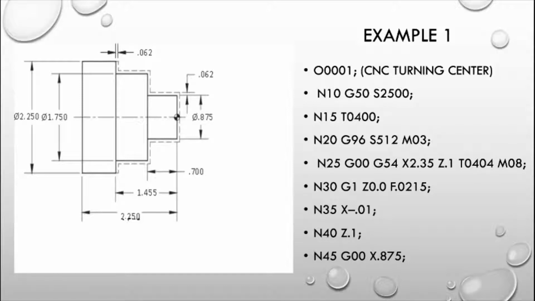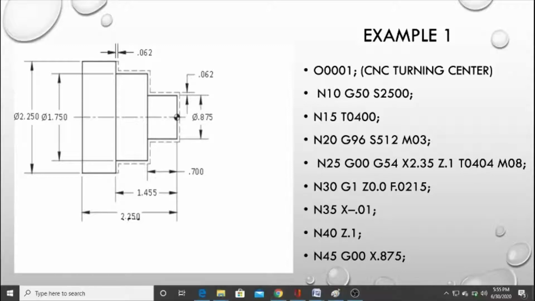N30 is again the sequence number, G01 is the linear traverse, Z00 is the position of the Z axis and the feed rate is 0.0215. N35 is again the sequence number and the position of X is minus 0.01.